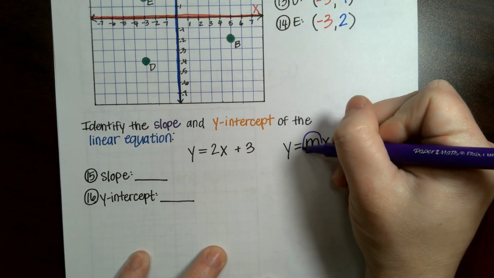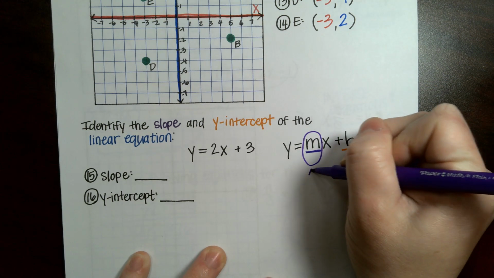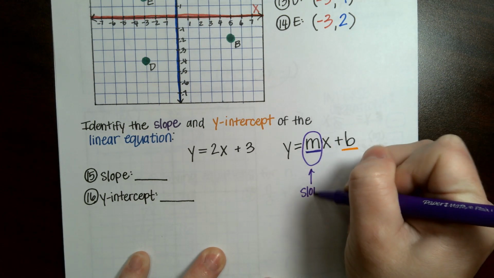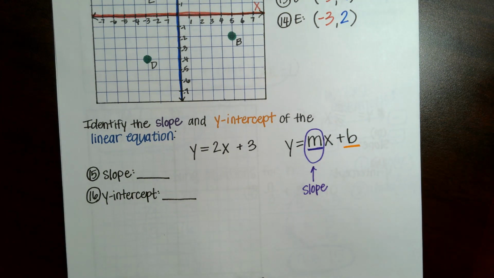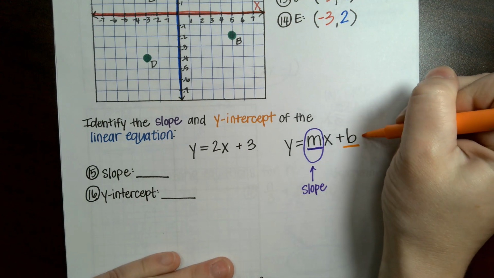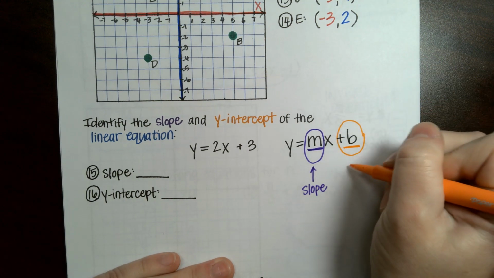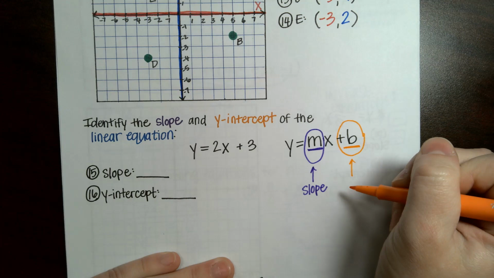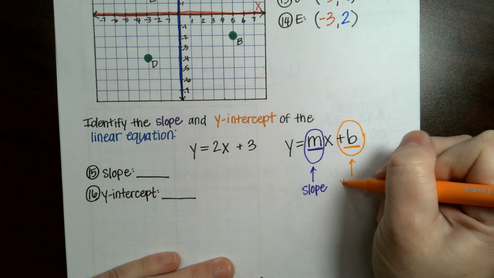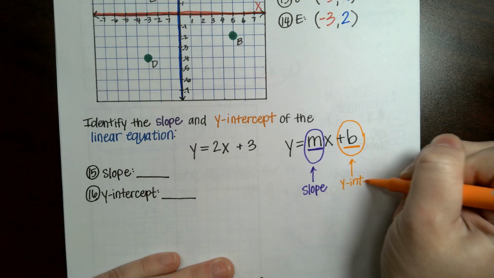Your m is your slope. And your b is your y-intercept. All you got to do is look at what the number is. Not too bad, guys.